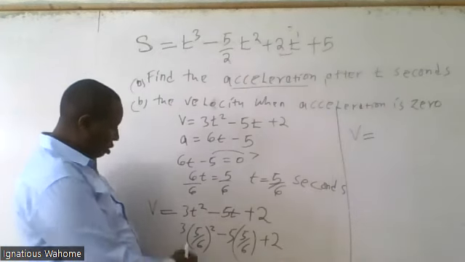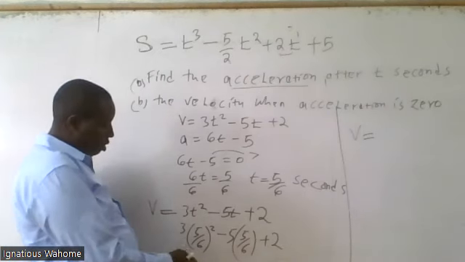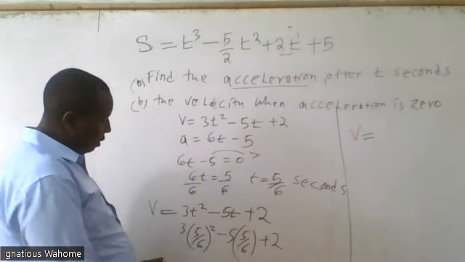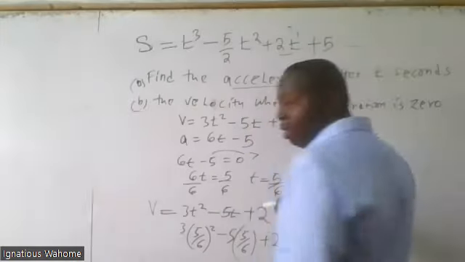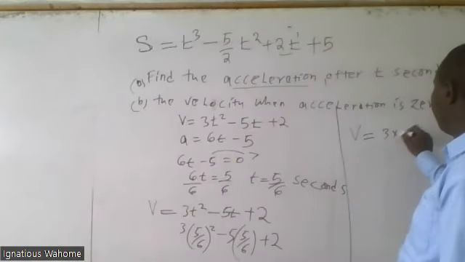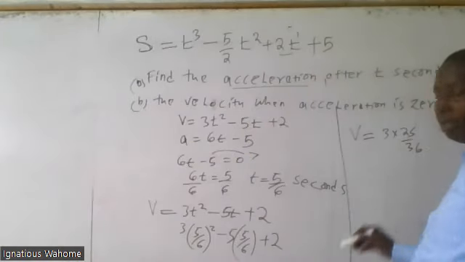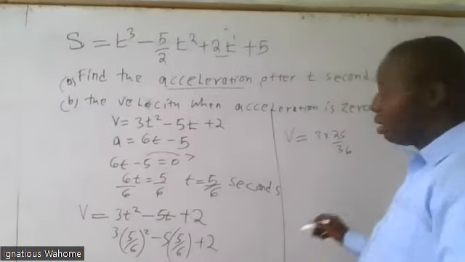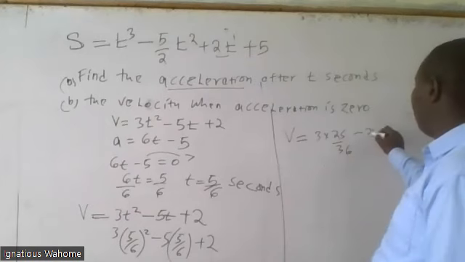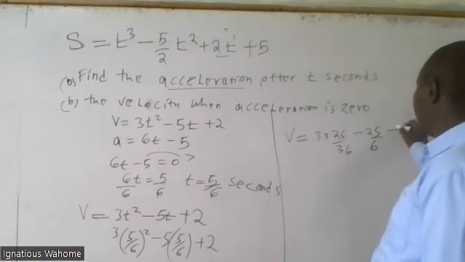So this will be 3 times 25 over 36, minus 25 over 6, plus 2.